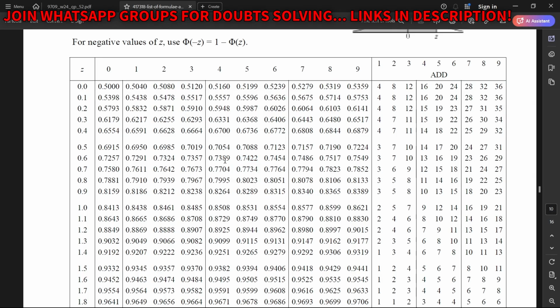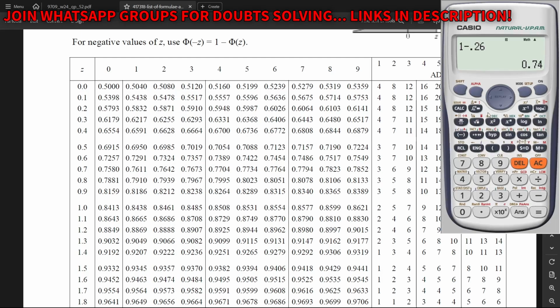Let's see how much I add from the right-hand side digits to get 0.74. I have 0.7389, and I need to add 0.0011 to get to 0.74.